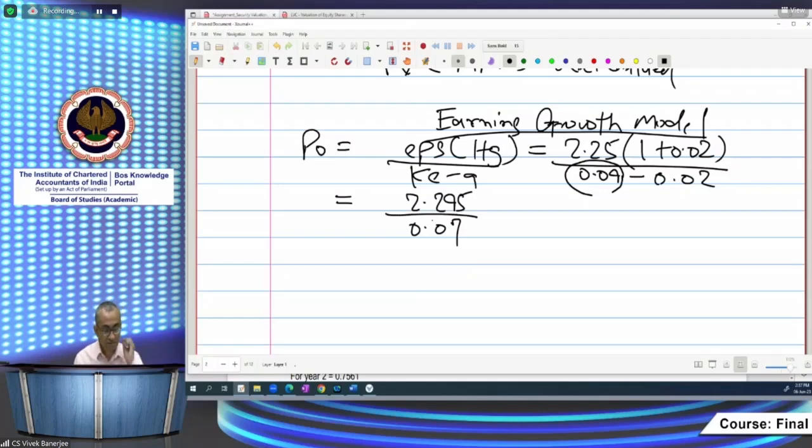That is coming, the answer is coming to 32.79. 32.79 as per the earning growth model. So this way the question has been solved.